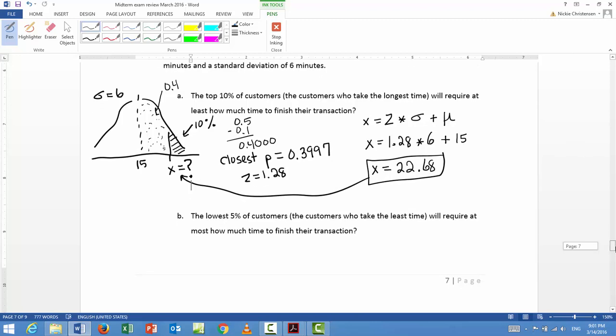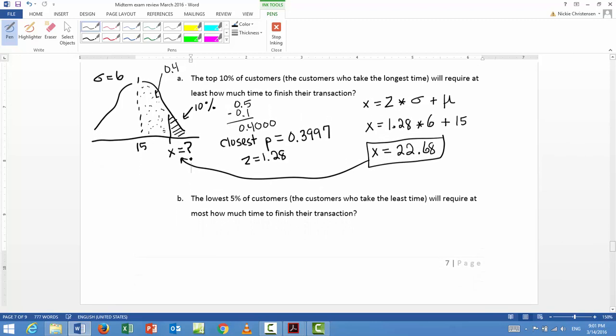Now we'll go on and do part B. Okay, so part B, we're still dealing with this HSBC data. So we have a mean of 15, standard deviation of 6. And this question wants to know the lowest 5% of customers, the customers who take the least time, will require at most how much time to finish their transaction.